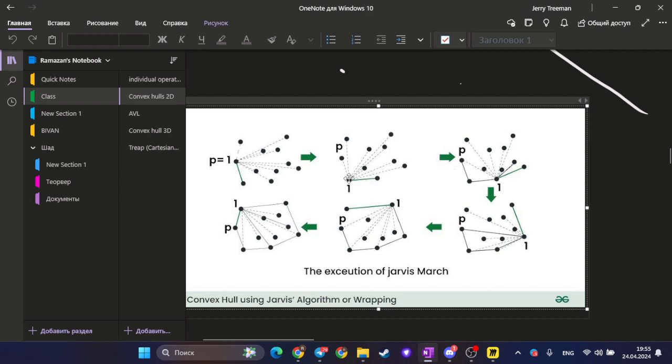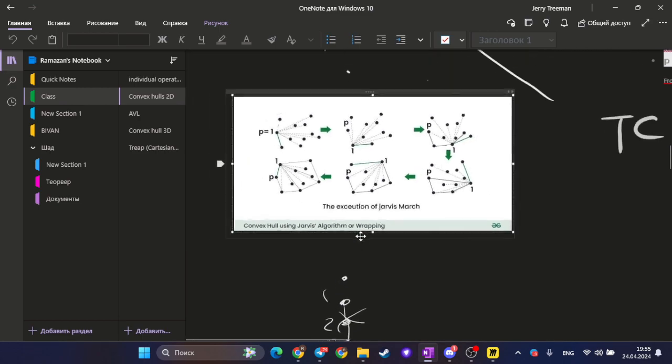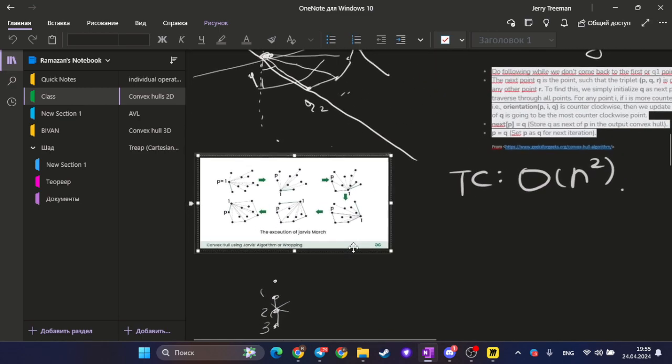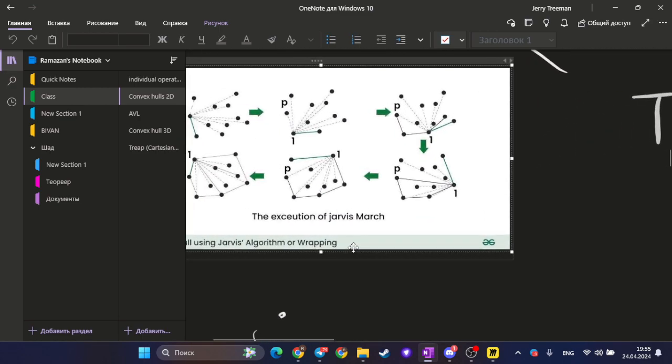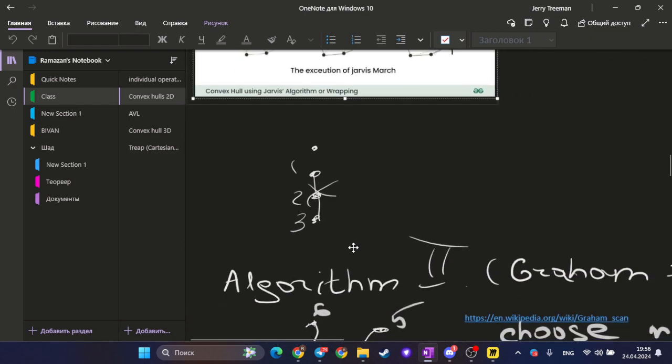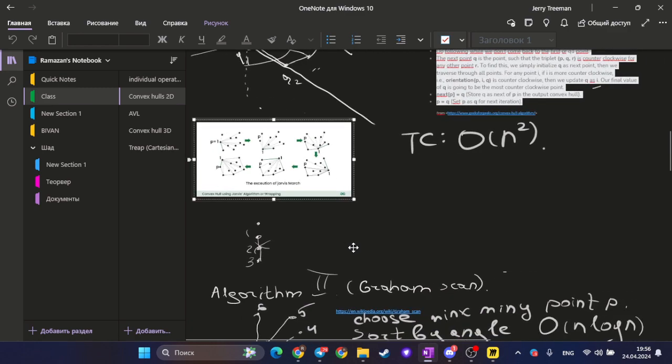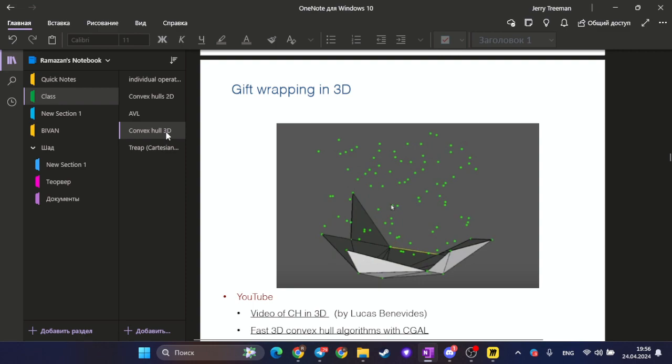We sort by this point, then we sort by this point, and so on. You can easily understand that the complexity will be O(n squared). Each time we need to choose the minimum angle. So we need to do this in 3D.